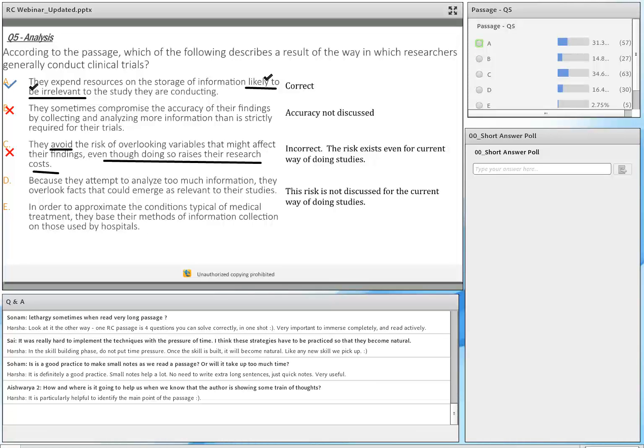Don't do that. Those are two independent pieces. Choice E says, in order to approximate the ideal conditions typical of medical treatment, they base their methods of information collection on those used. That's not the purpose, and why they've done this is not what's discussed in this passage.